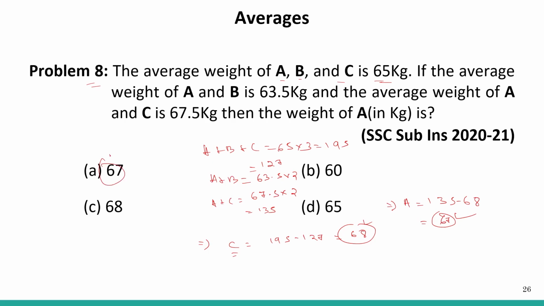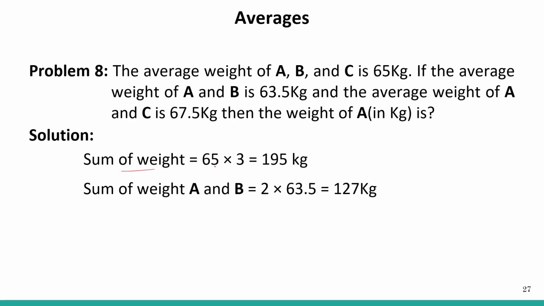So option A is the correct answer here. Options B, C and D are all wrong answers. 68 is the weight of C, but we are asked about the weight of A in kg. This question appeared in the SSC 2020-21 Sub Inspector paper.